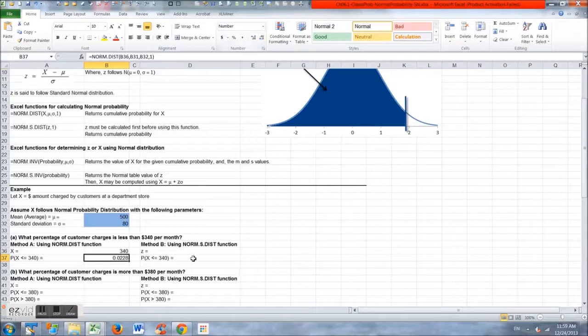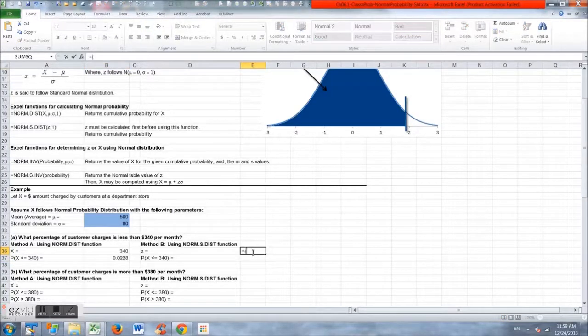Okay. Now of course if you wanted to use the norm.s.dist, then you have to calculate the z value. So that will be like x minus mean mu, close parenthesis, divided by the standard deviation.